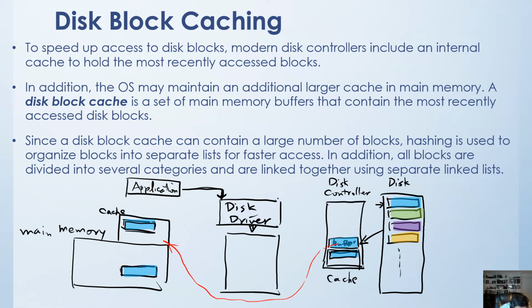Now, what's so good about a cache? If we use caching, and the application decides, okay, I want to copy other data, so let's copy the other data to the buffer.